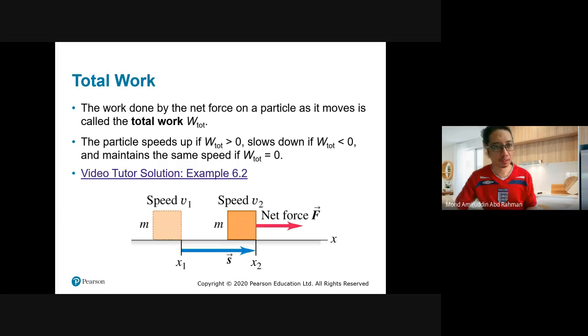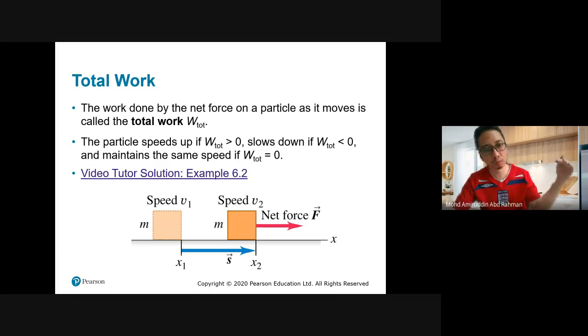All right, so let's define what is the total work. The work done by the net force on a particle as it moves is called the total work. Okay, if W total is bigger than 0, the particle will speed up. For example, you see the box there.